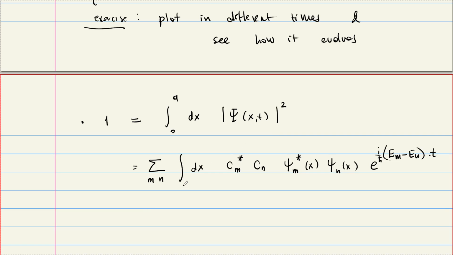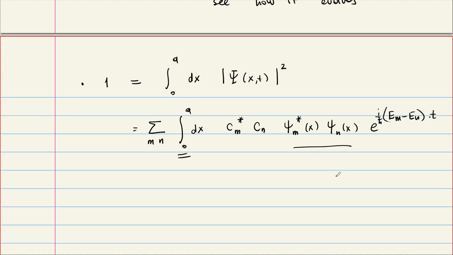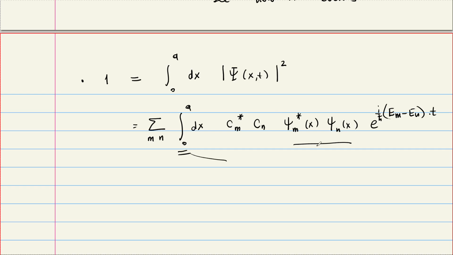Now this integral is from 0 to a. It only knows about x-dependent things. We can immediately see the x-dependent things are here going to give us our celebrated Dirac delta. Good. And this Dirac delta is going to kill one of the sums. At the end, when m is equal to n, E m is equal to E n, so this term is going to also go.